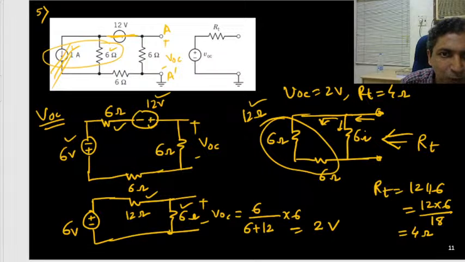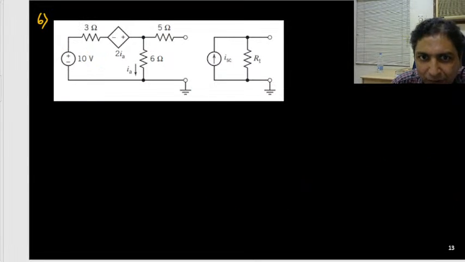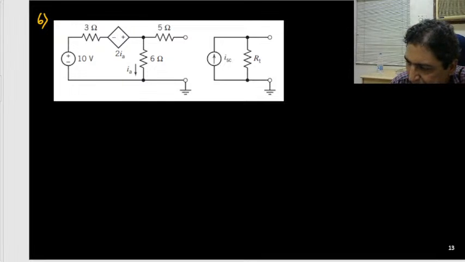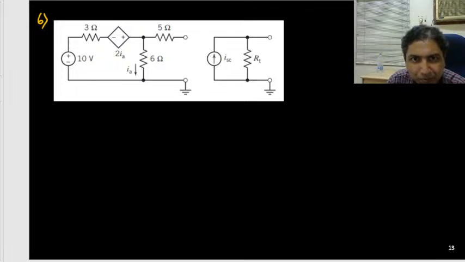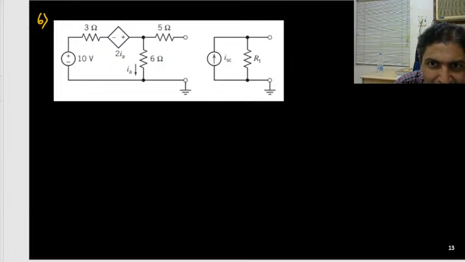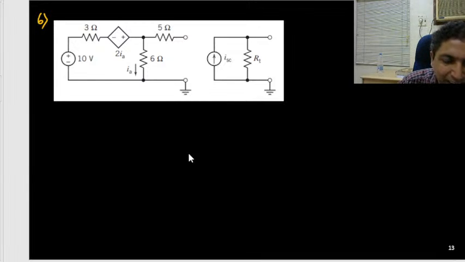Let me consider one problem here. Can you find the Norton equivalent circuit, ISC and RT? The circuit contains a dependent source. So I am giving this problem to you.